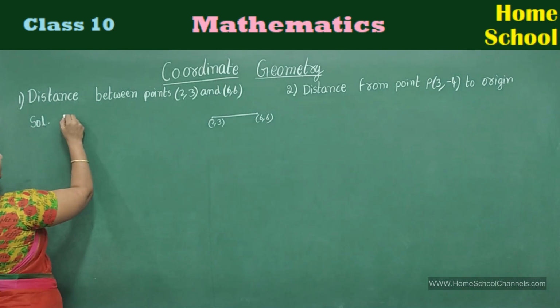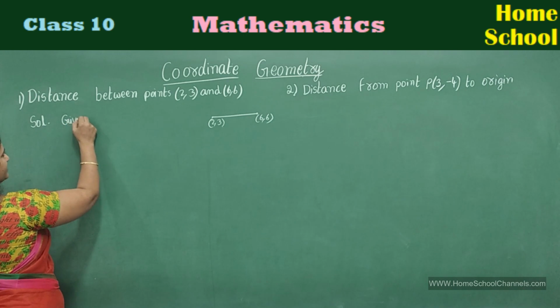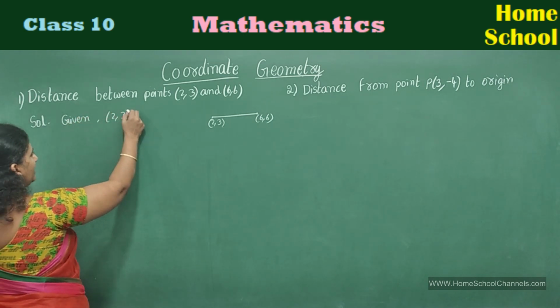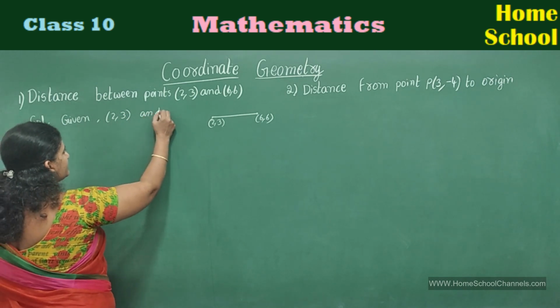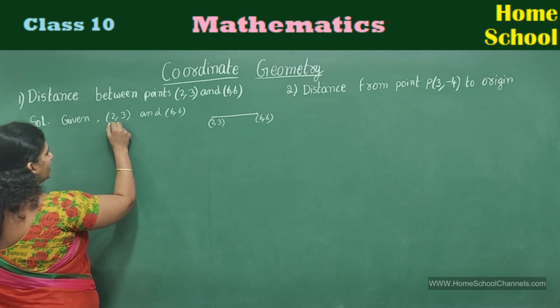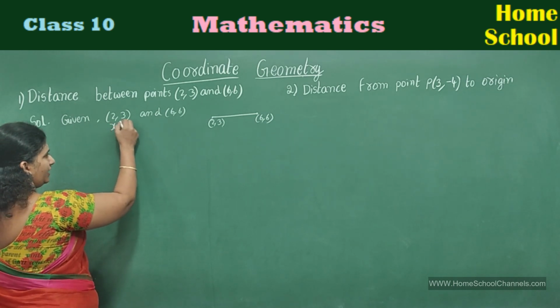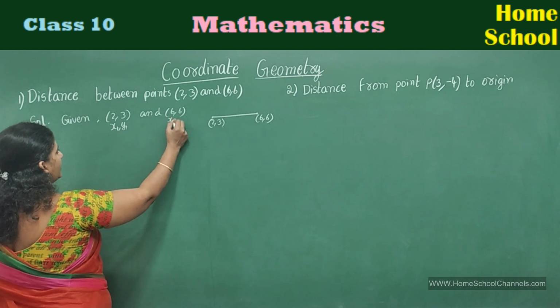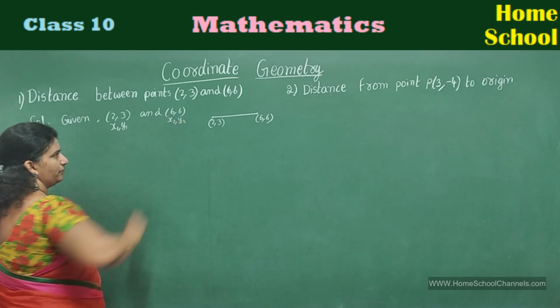Start the solution. Given 2 points: (2, 3) and (6, 6). First coordinate, mark it roughly as x1, y1. Second coordinate x2, y2.